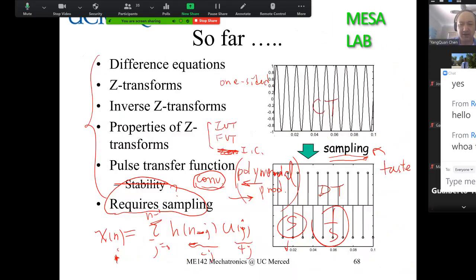All right, let us review what we have learned so far. We talked about difference equation, Z transform, inverse Z transform. This is a basic lookup table. We focus more on the one-sided because in reality we start from 0. We talked about the properties, IVT, FVT, and time shifting.